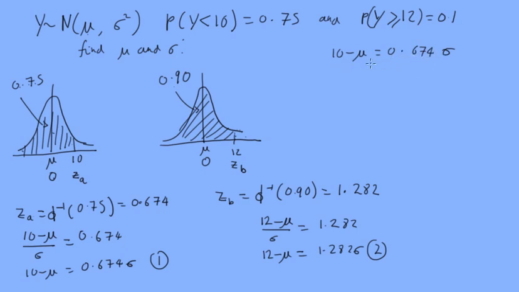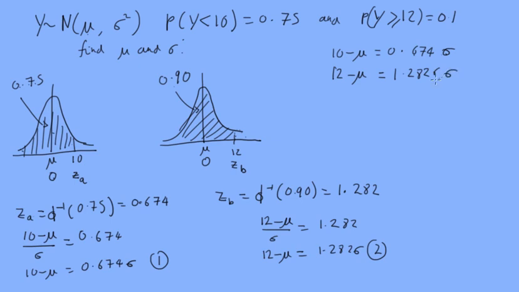Top tip when you're writing these out, if you're doing the exam, try and make your sigmas look like sigmas and not like sixes, just in case something goes wrong and you get mismarked, or you make a mistake when you're working out, thinking you've got a 6 and it's not a 6.